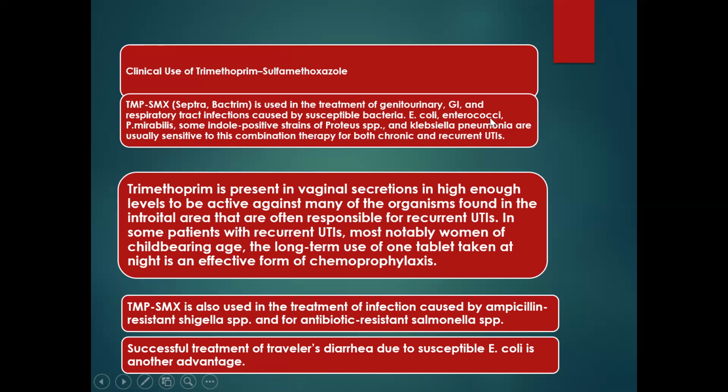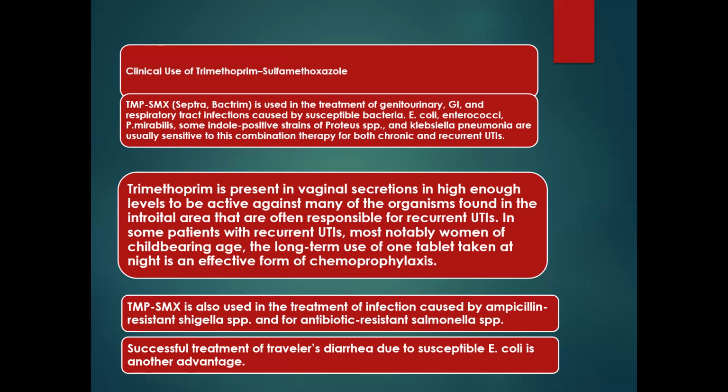Then Enterococci. Any disease that's caused by Enterococci, these drugs will take care of it. Then P. mirabilis and some other positive strains of Proteus species. Then Klebsiella pneumoniae, which causes pneumonia. This drug can actually work on it.